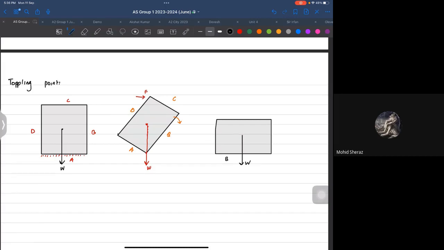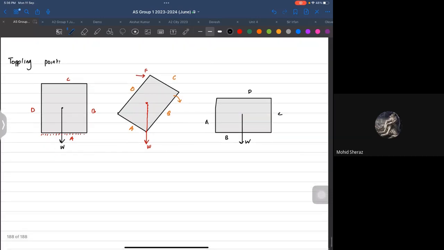Now, why is this so important? Because this point sort of changes the center of gravity. So let's have a look. Let me just put it here.